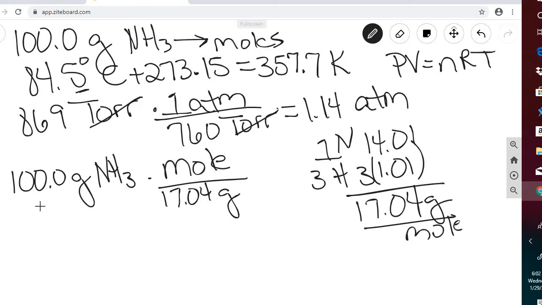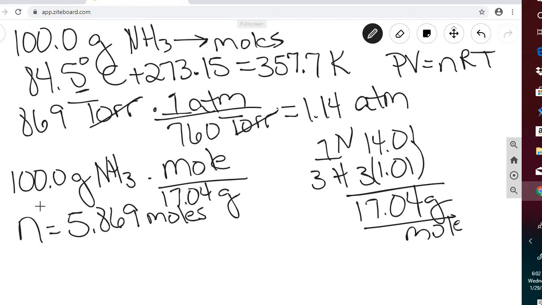So 100 divided by 17.04 tells us that with 4 significant figures, the number of moles, which is n, is equal to 5.869 moles.